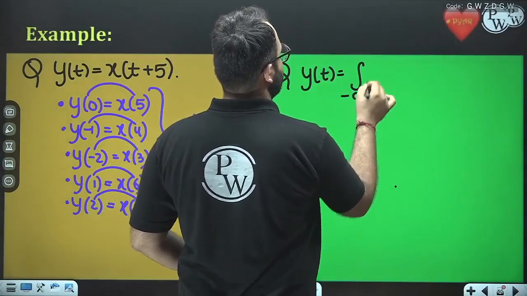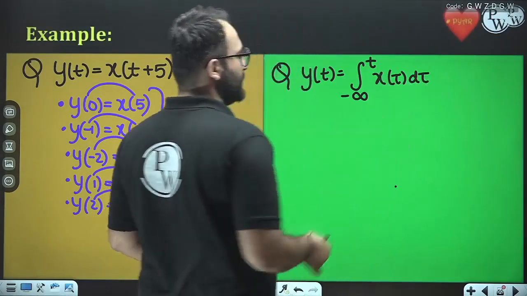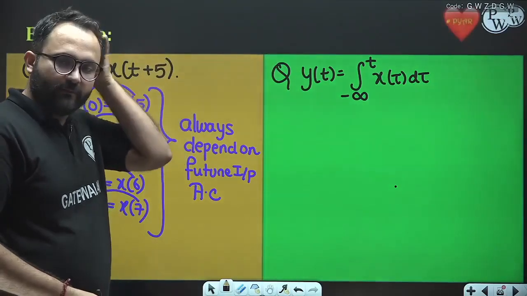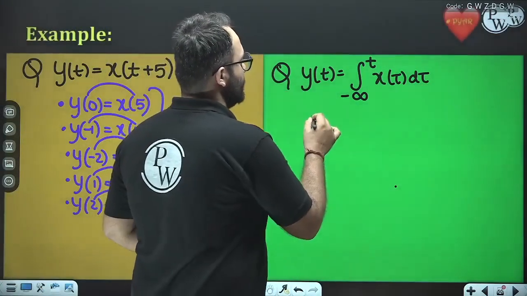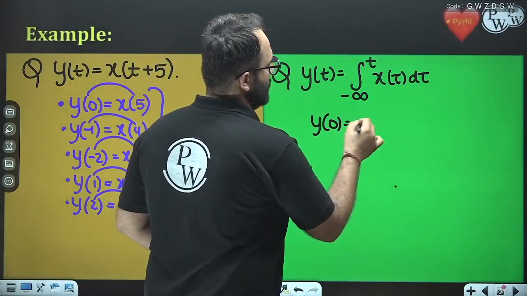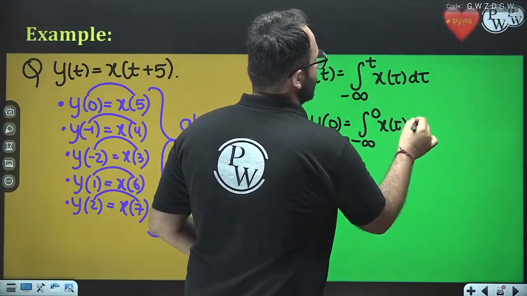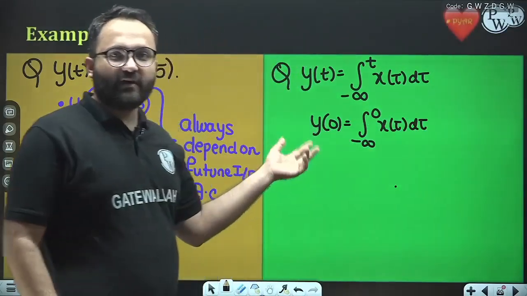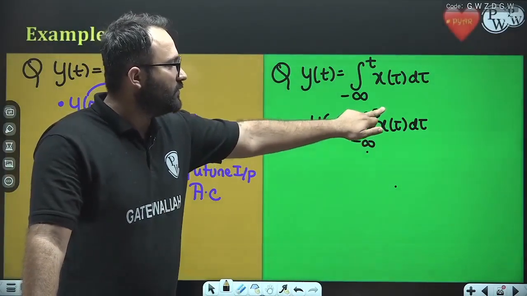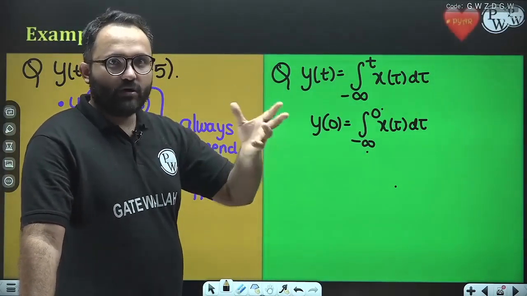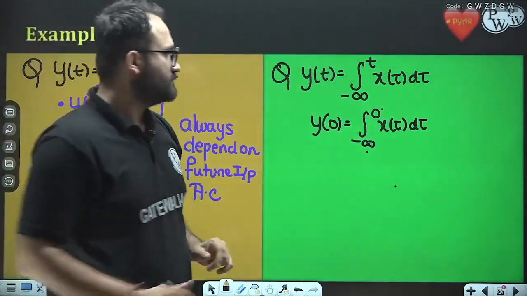Okay, now the next one: y(t) equals the integral from -infinity to t of x(tau) d tau. Here y(0) is dependent on the integral from -infinity to 0, so the output at t equal to 0 is dependent on the input from -infinity to 0.